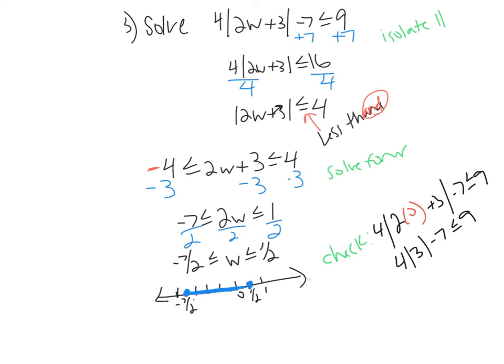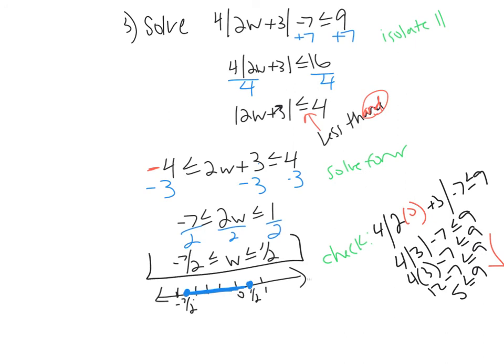So absolute value of 3 is just 3. 4 times 3 is 12. 12 minus 7 is 5. So what do we find? Is 5 less than 9? Yes, that is a true statement, and it is shaded, which means that I can box my answer. All the values between negative 7/2 and 1/2 will satisfy this inequality.